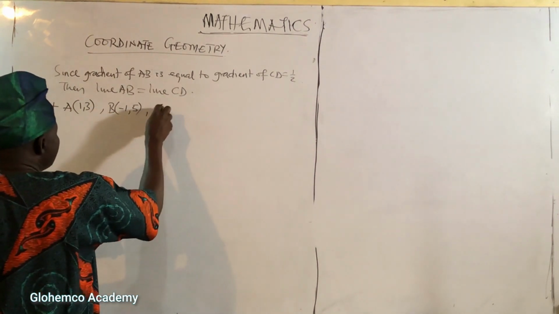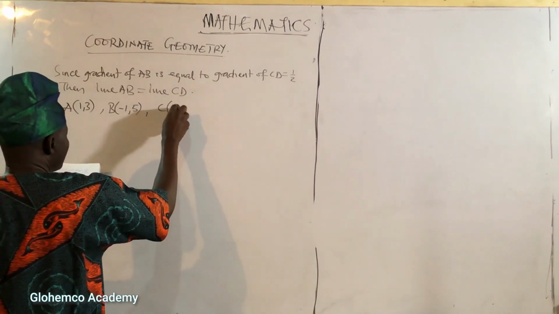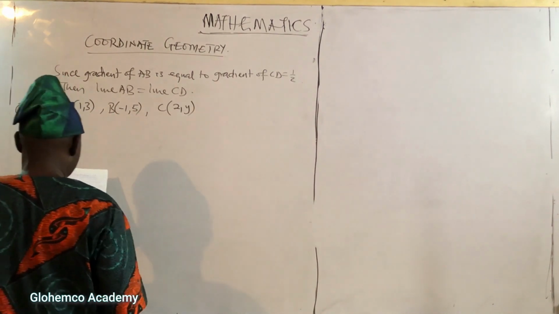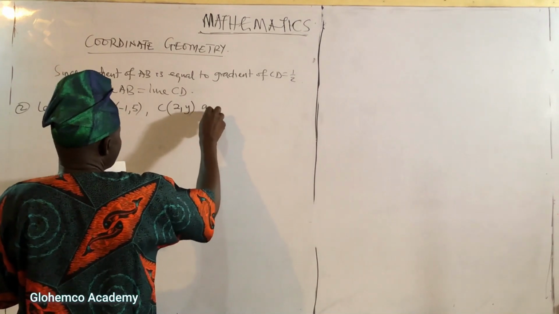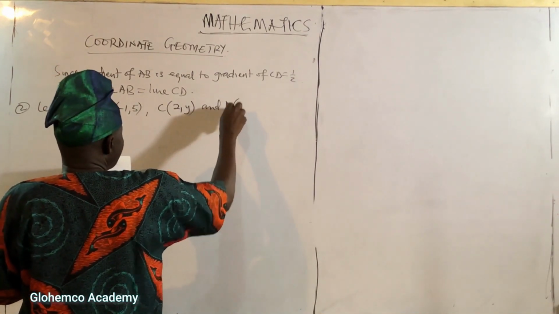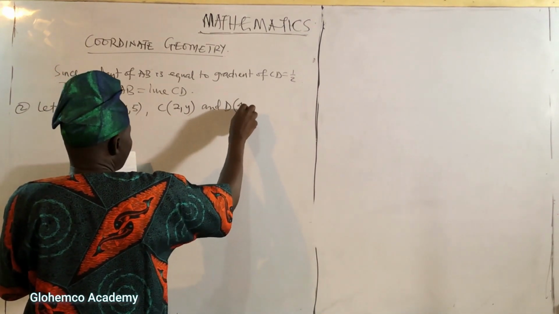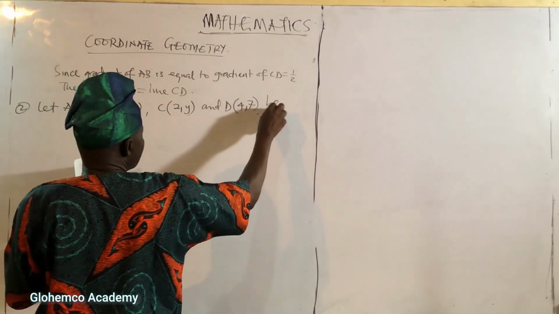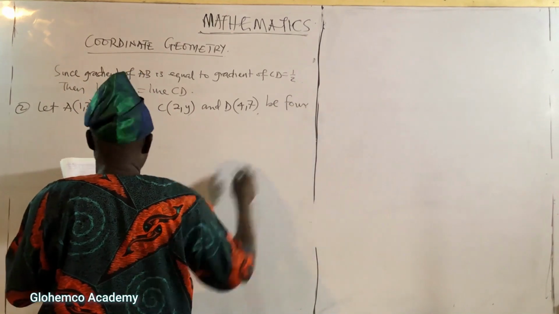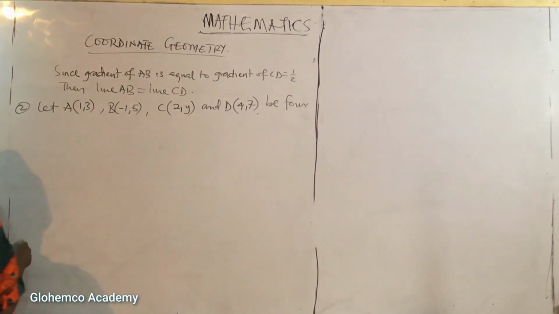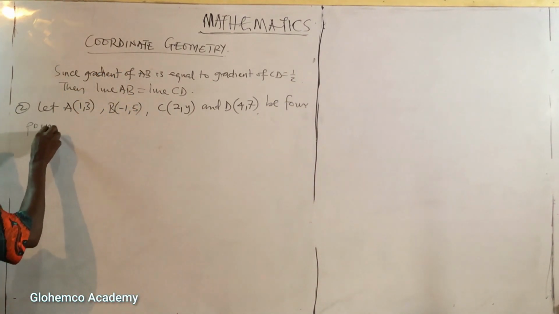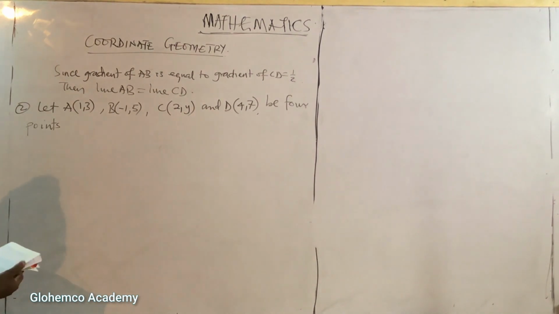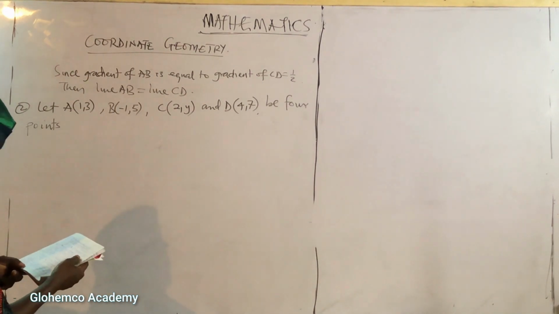Then we talk of C, the coordinate 2 and y, and D, the coordinate 4 and 7. There are 4 points.